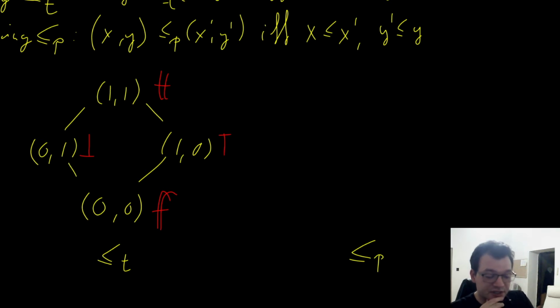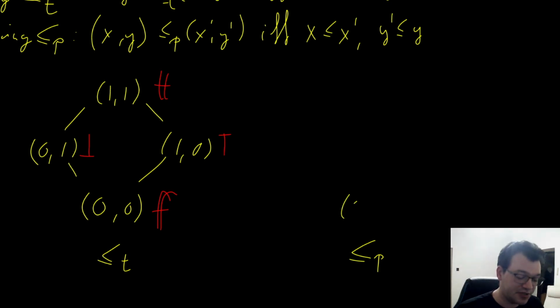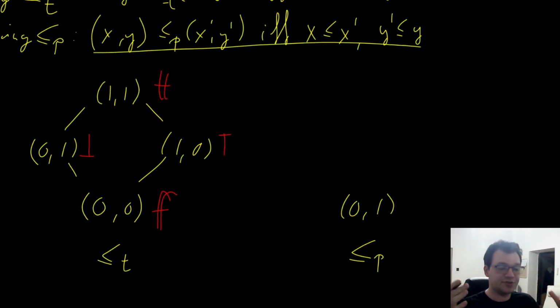For the precision ordering, the largest interval is on the bottom, so it's always the interval which contains as left hand side the least element of the poset, and as right hand side the largest element of the poset. So it will be (0, 1), because according to this definition, to move upwards you have to push the first value upwards and the second value downwards, or remain in place.